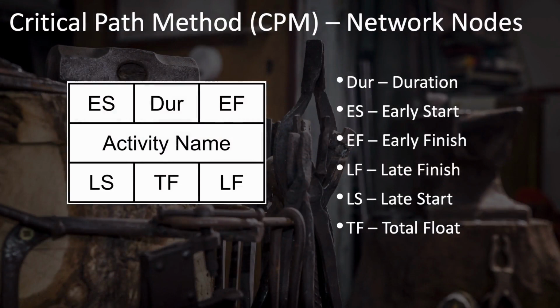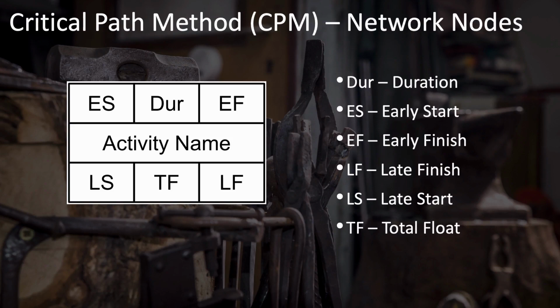Here's the legend for this box of boxes. In the middle, you have the activity name. Right above it, as we've seen, is the duration, abbreviated DUR here. In the upper left-hand corner, you have ES, which stands for early start. This is the soonest that this activity could start. EF in the upper right-hand corner stands for early finish. This is the earliest that this activity could finish.